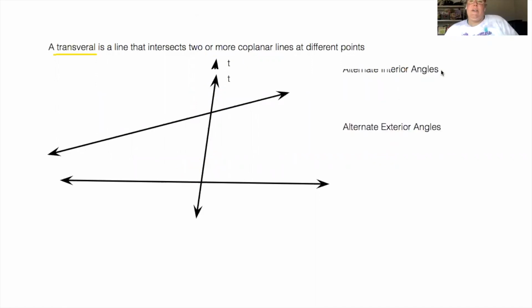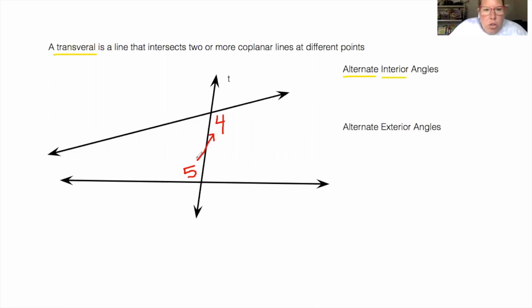So alternate interior angles and alternate exterior angles are our next type of angle. Alternate being opposite and interior being on the inside. So opposite of the transversal, but on the inside of the two lines. So this is angle 4, and that corresponds to angle 5.